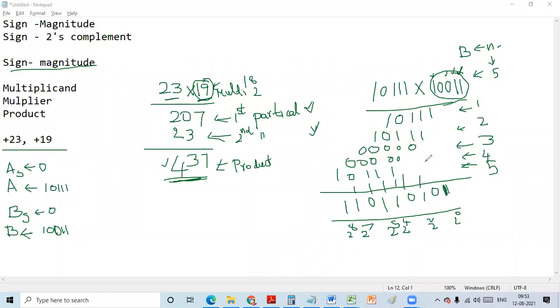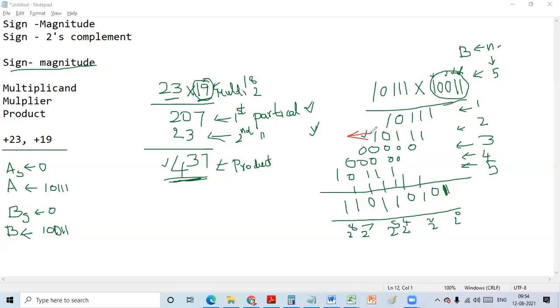So I'm accumulating the partial product. The next change: once you get the next subsequent partial product, it has to be shifted left by 1 bit before adding to the previous accumulated result.